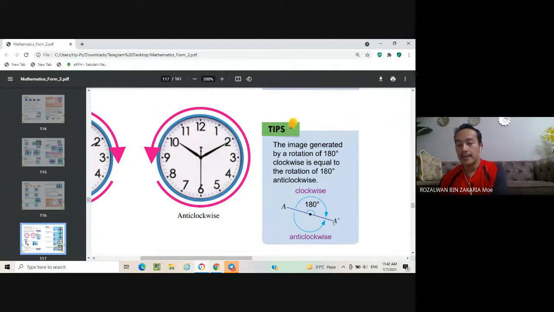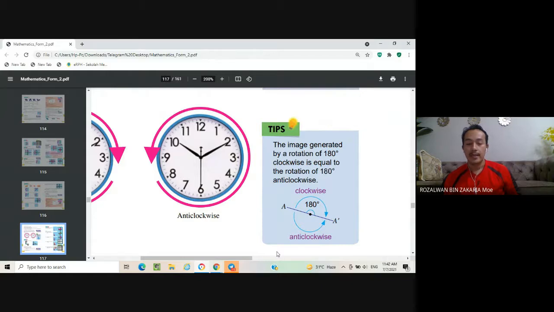And same here, if the object A undergoes a rotation anti-clockwise at the same center of rotation, and the angle of the rotation is also 180 degrees, we will get the same position of the image, A prime. So please understand this one.